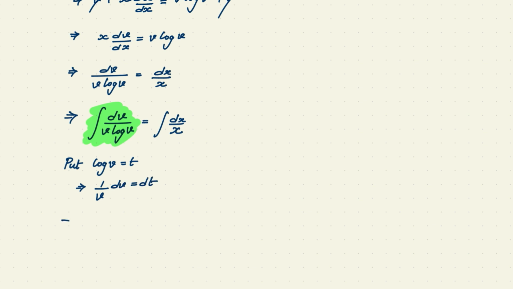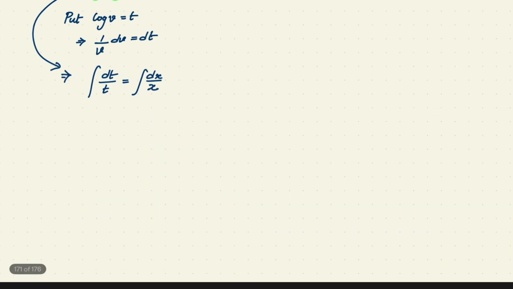So, my equation becomes integration of dt over t equals integration of dx over x. This implies integration of dt over t is log of t, equals integration of dx over x, which is log of x.